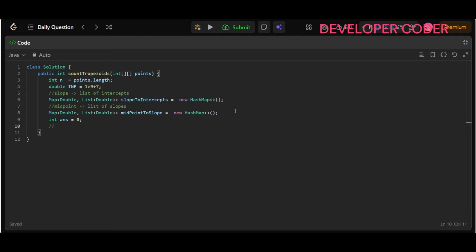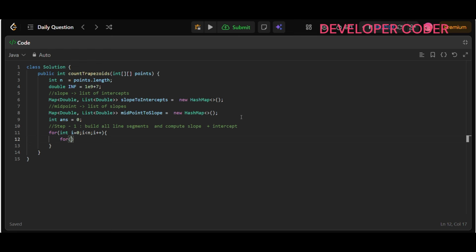Then my first step is going to be step 1: build all line segments and compute slope plus intercept. In one go I will do this. Very easy loop. Int i is equal to 0, i is less than n, i plus plus.